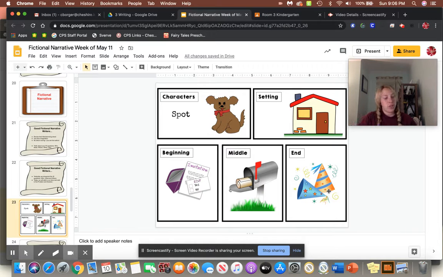Spot runs out to check the mail each day. I'm going to have him say, no mail. And how is he going to say that? Spot said, sadly.